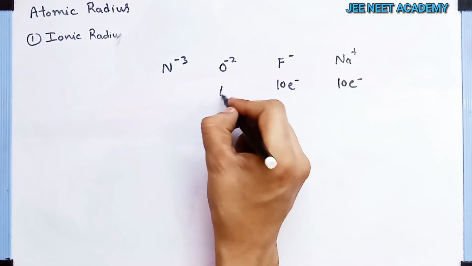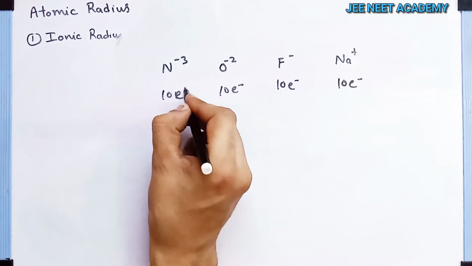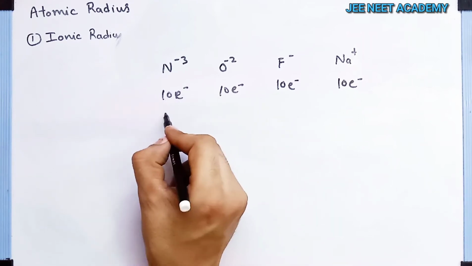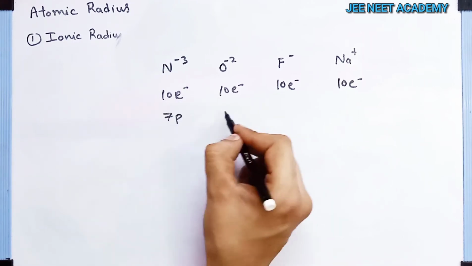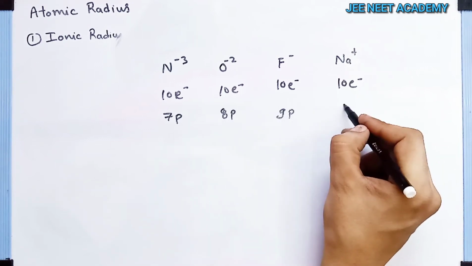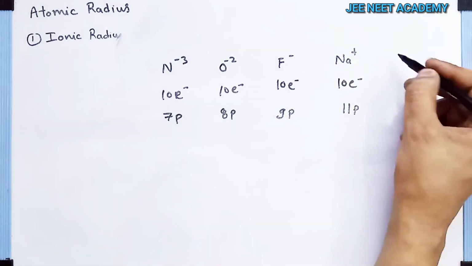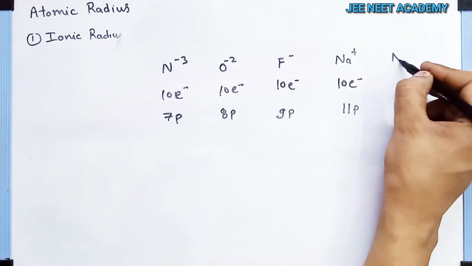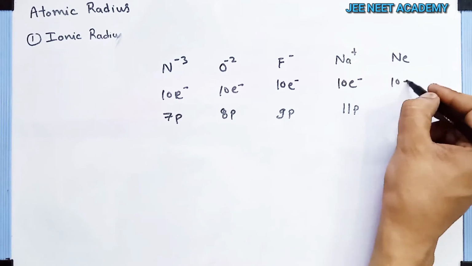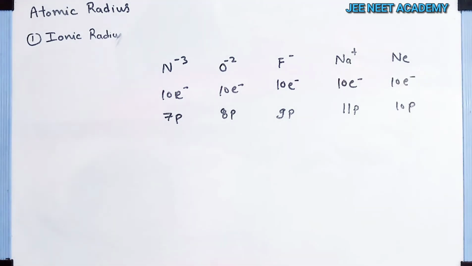Oxygen has 10 electrons, and nitrogen is also having 10 electrons. And protons 7, 8, 9 and 11. And one more we can write, neon, 10 electrons and 10 protons.